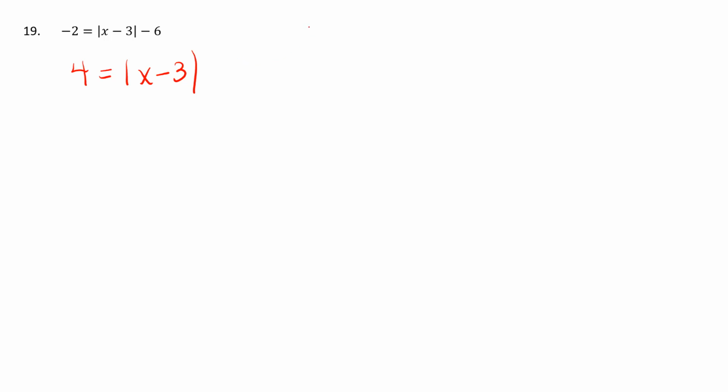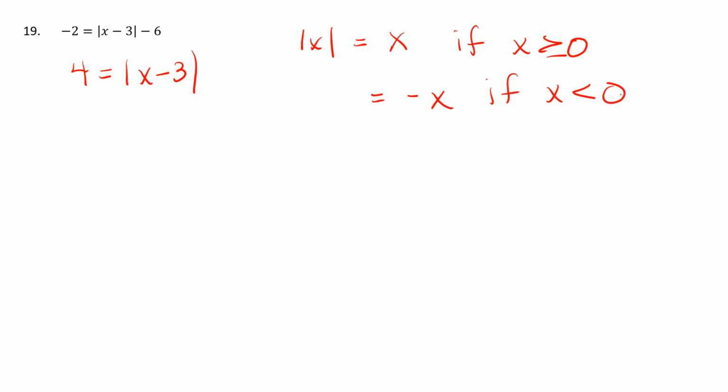The absolute value of x is equal to x if x is positive or 0, and it is equal to the opposite of x if x is negative. So what that tells me is, well, wait a second, I don't know if x minus 3 is negative or positive.